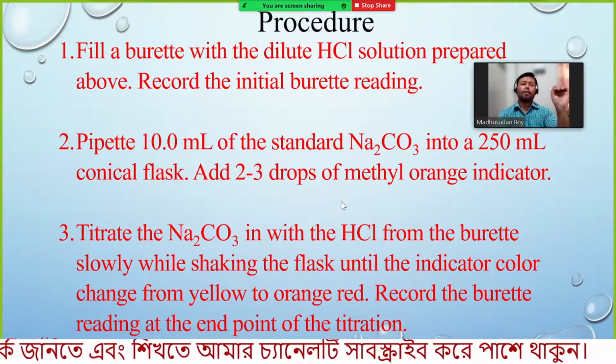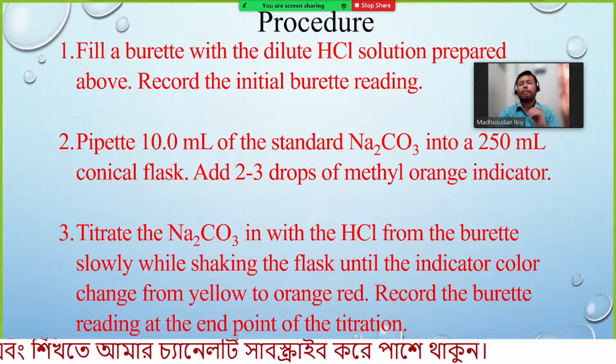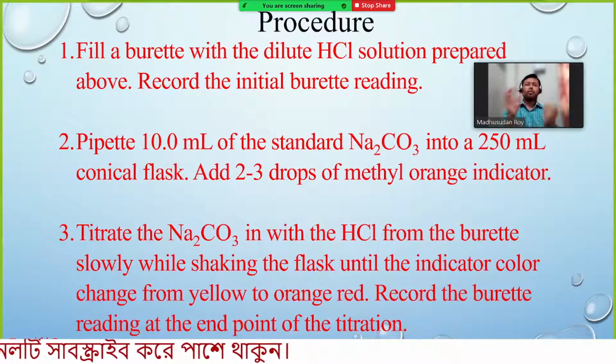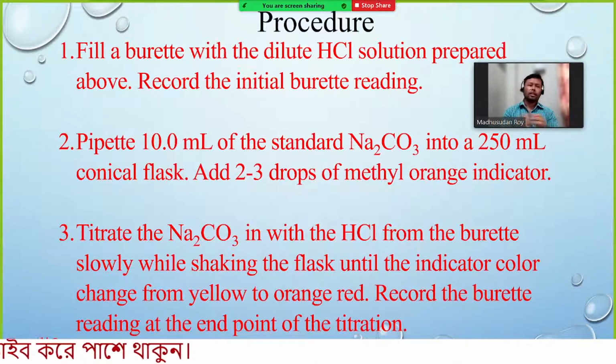Take a very small amount of sodium carbonate, hold it up and down, that means shake a little bit, and throw away the solution. Similarly do this 2 or 3 times with a very little bit, maybe 1 or 2 ml, and then pipette out 10 ml of standard sodium carbonate solution into the 250 ml conical flask.